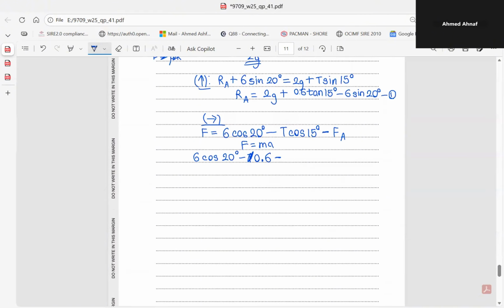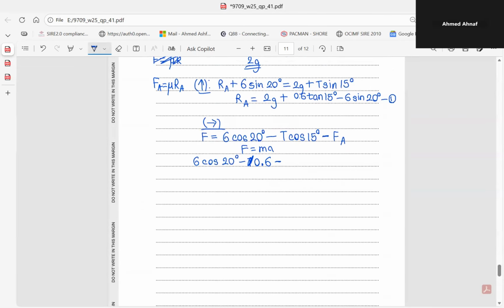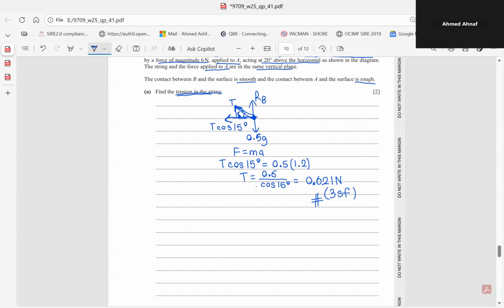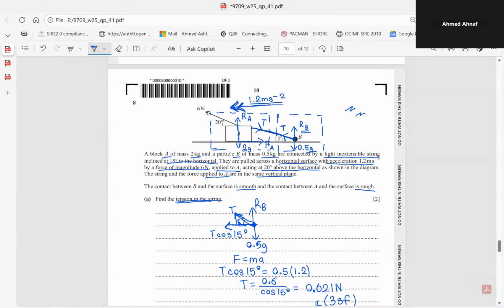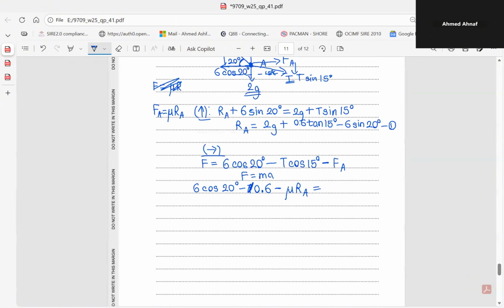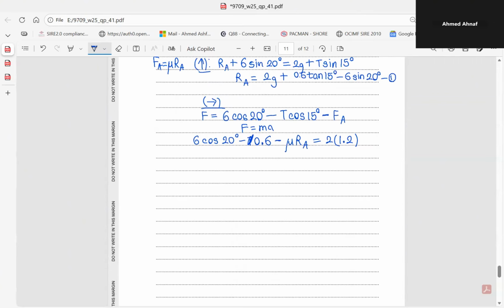For FA, we can use FA equals mu times RA, so we can substitute that. That is equal to mass times acceleration, where the mass is 2 and the acceleration is 1.2. This is equation number 2.